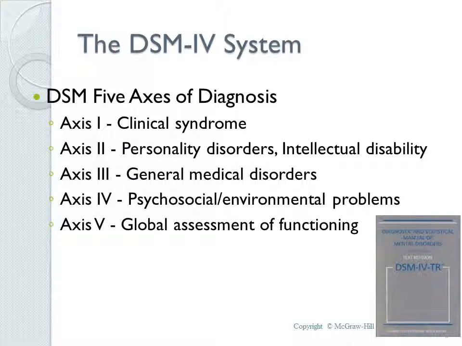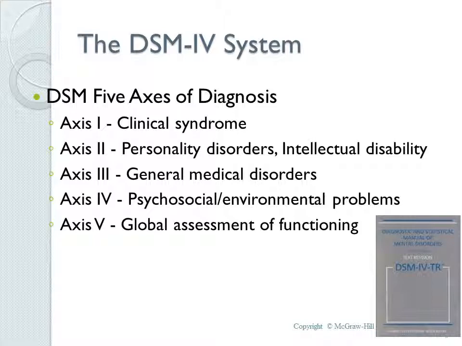On axis 4, we want to know what is going on in the social environment. What is going on if you have problems with your primary support group? Are you having financial problems, access to education? Are you living in poverty? You don't have access to health care. Maybe you just experienced the death of a loved one. All of these things are relevant in helping us to get a full picture of the client's presenting problem.